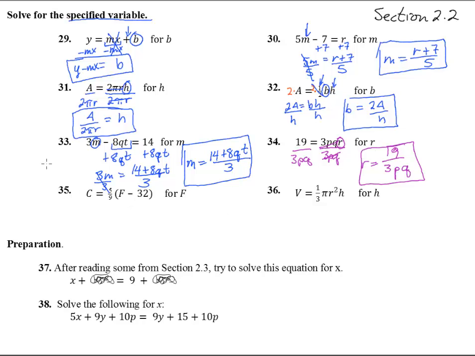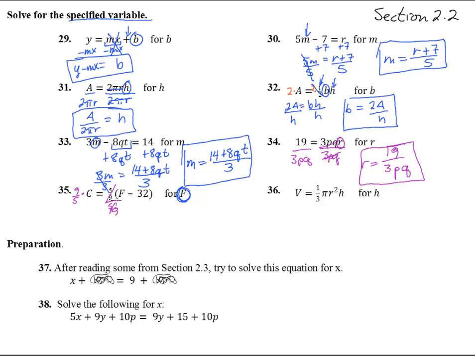Number 35. We want to get f by itself. Now, let me see. F, by order of operations, this is first subtracting the 32, and then it's timesing by 5/9. So if I'm going to undo those, I first want to get rid of that and divide by 5/9, which is the same as timesing by 9/5.